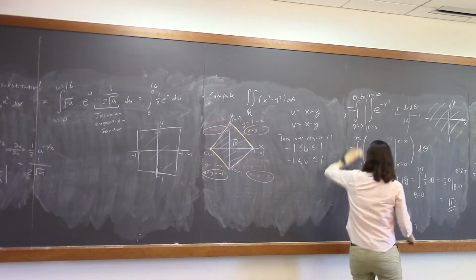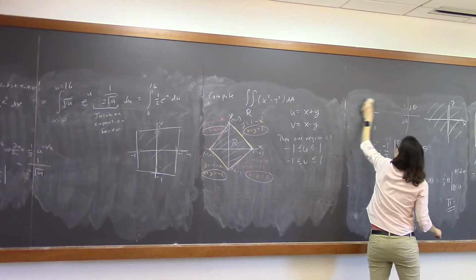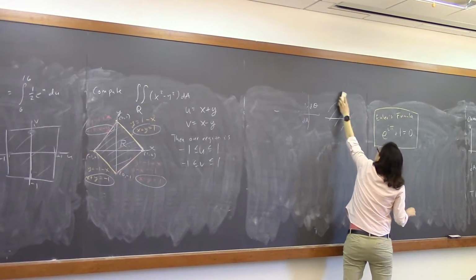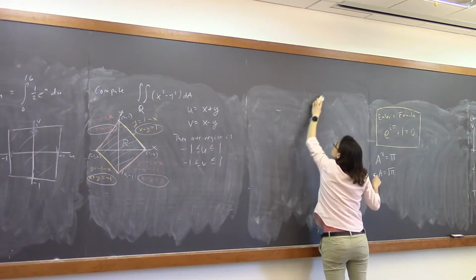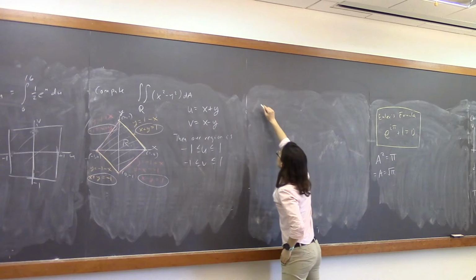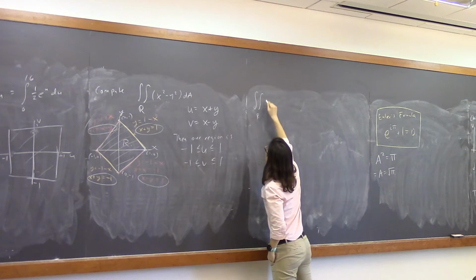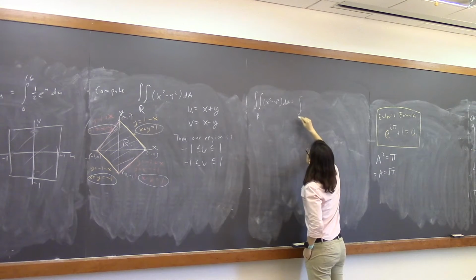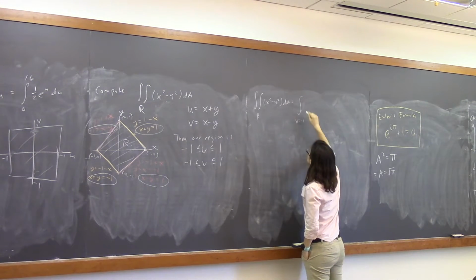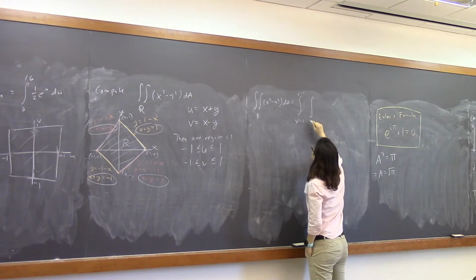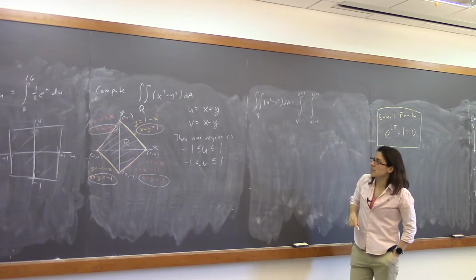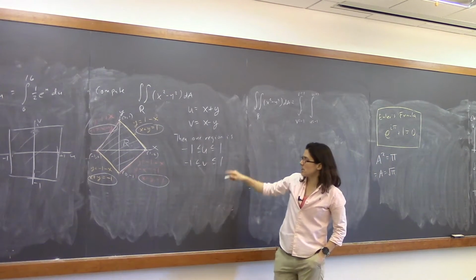Okay. So let's see if we can rewrite our integral. We have the double integral over R of x squared minus y squared dA. That's the integral from v equals negative 1 to v equals 1, of the integral from u equals negative 1 to u equals 1, of our function.